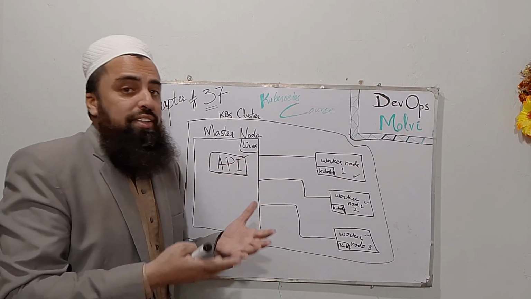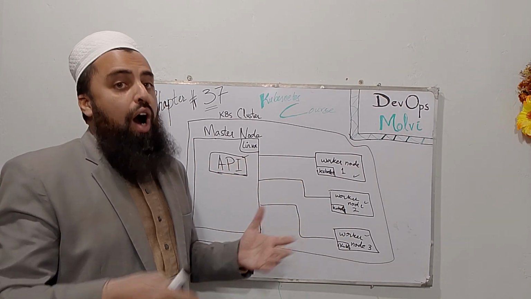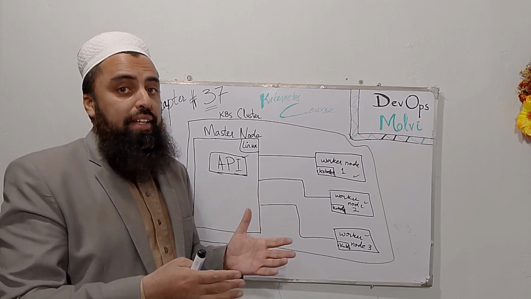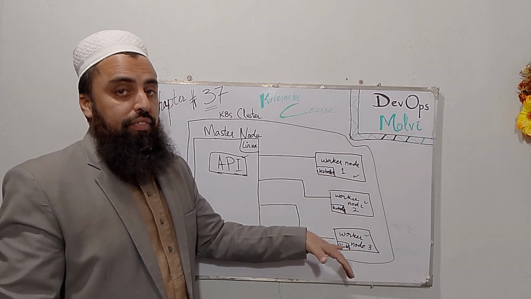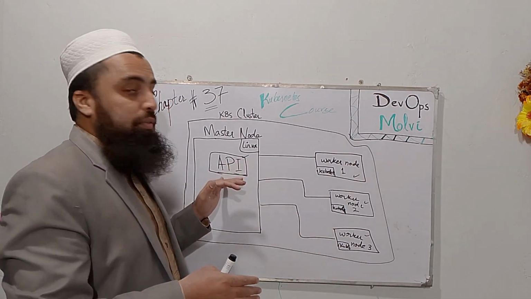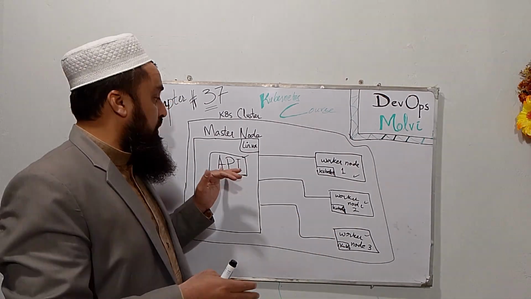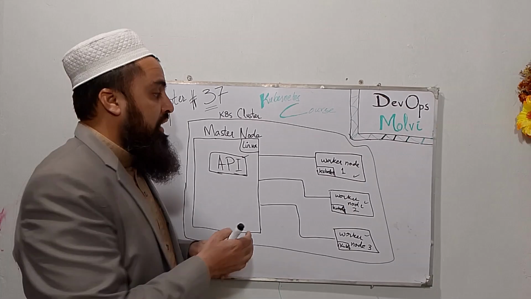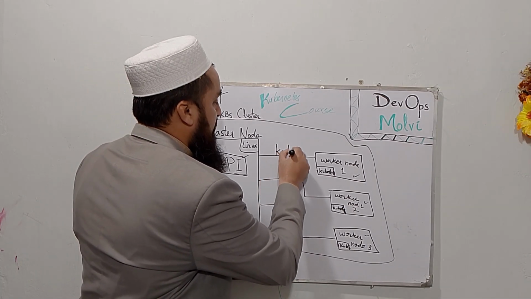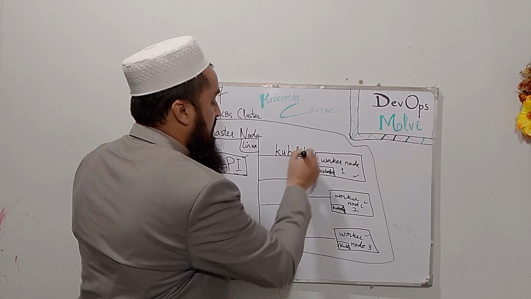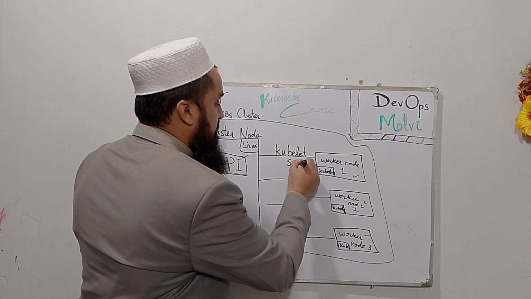Otherwise, the master node would not know how many worker nodes it has to manage. Using this Kubelet agent, the worker nodes talk to the master node's API using the Kubelet service.